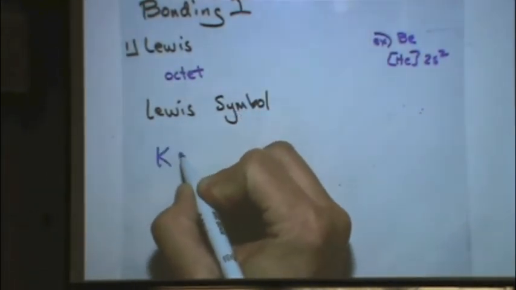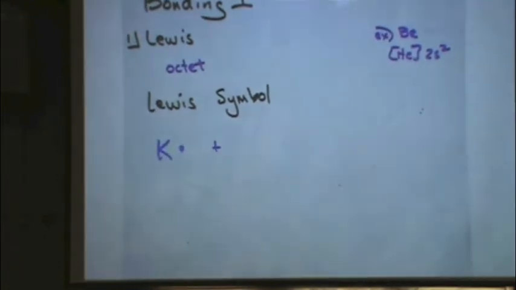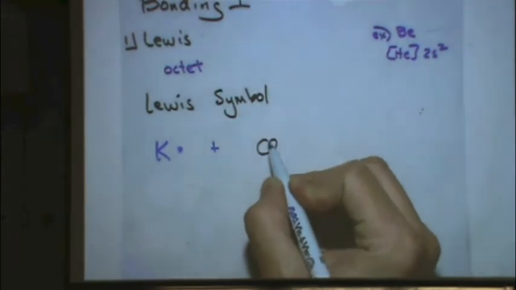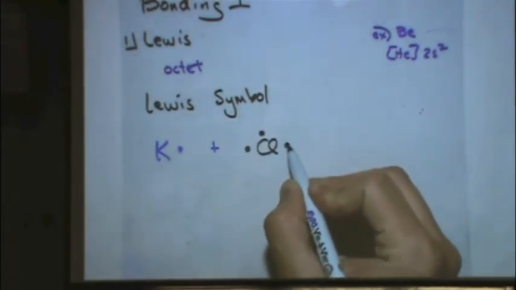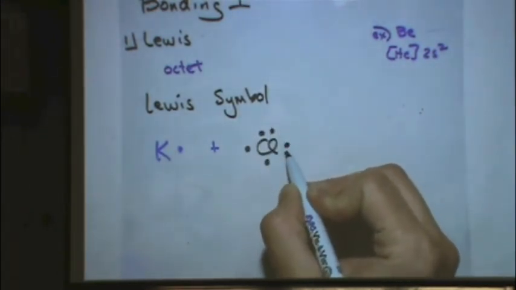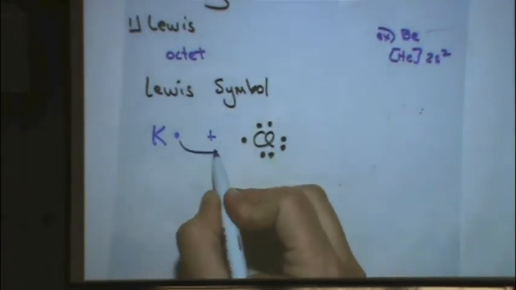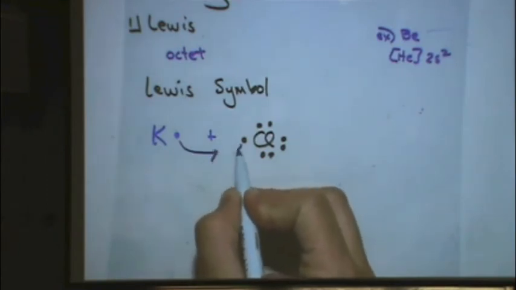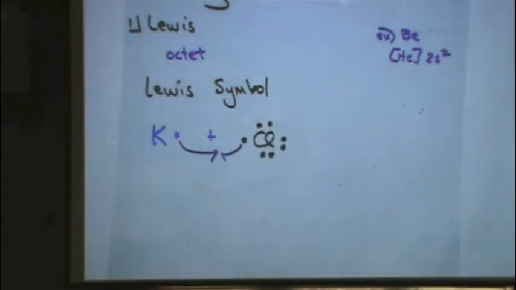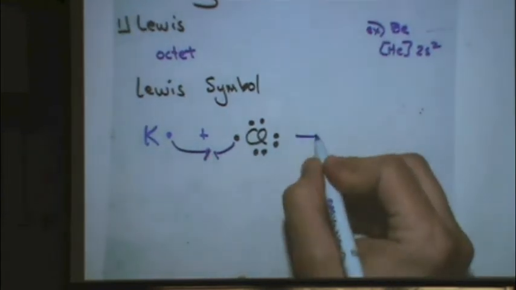Let's say we took potassium, and let's take another color here, chlorine. So chlorine has 7 dots around it, potassium only has 1. And what's going to happen is, these 2 electrons here are going to mate and form a bond, okay? And it will look like following.